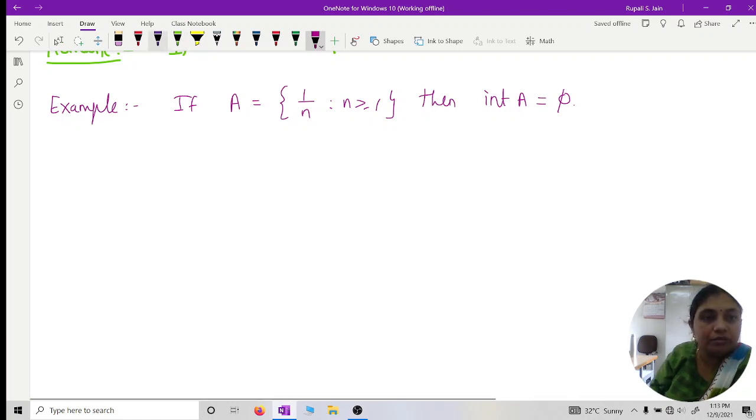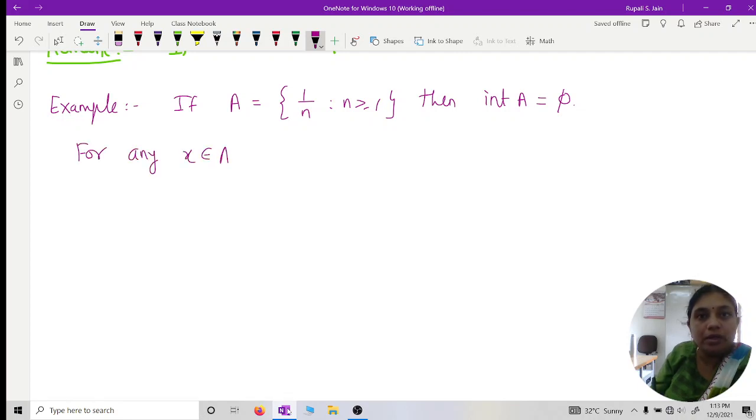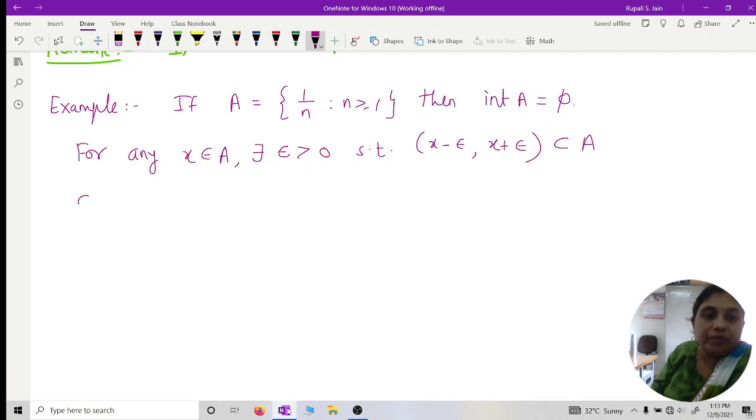Because for any x belongs to A, there does not exist epsilon greater than 0 such that the ball B_epsilon(x), that is nothing but (x minus epsilon, x plus epsilon), is totally contained in A, as this interval (x minus epsilon, x plus epsilon) contains some irrationals also, right?